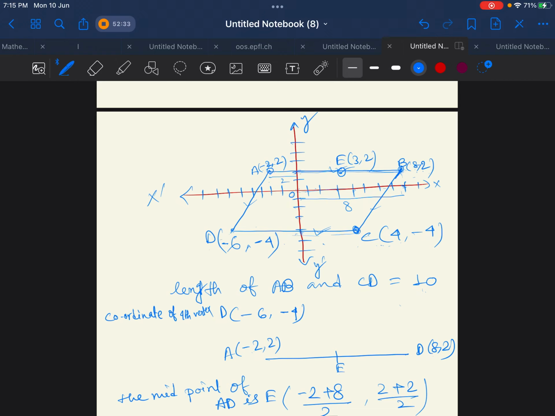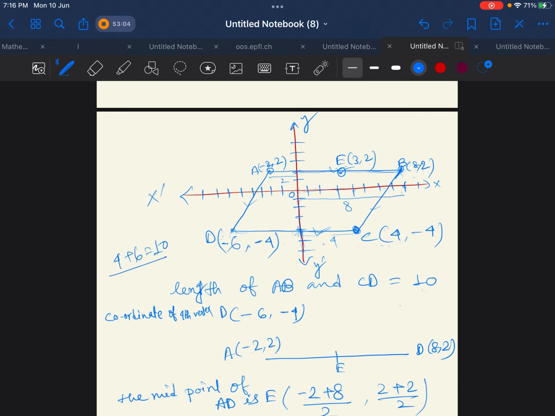Okay, so here the length of this point from the vertical line is 4, the value of x is 4, so this length is 4, and here we need the length from the vertical line to this point to be 6.